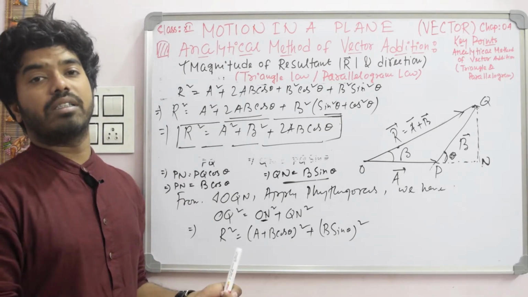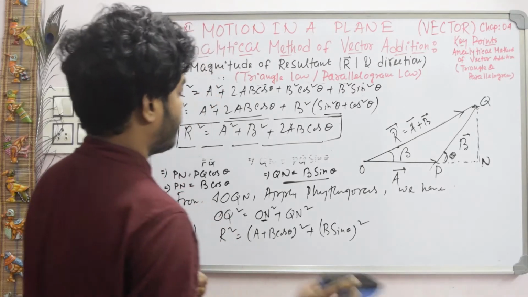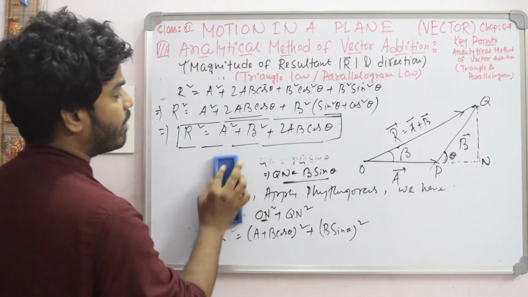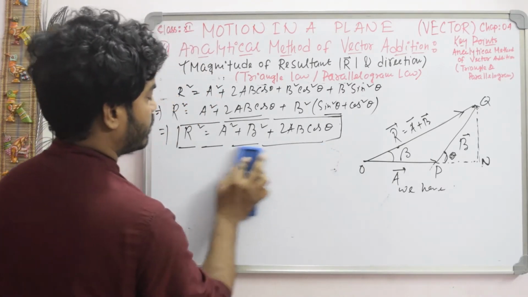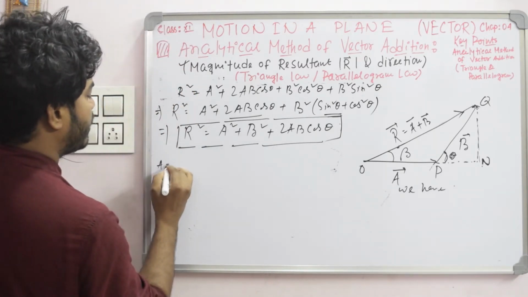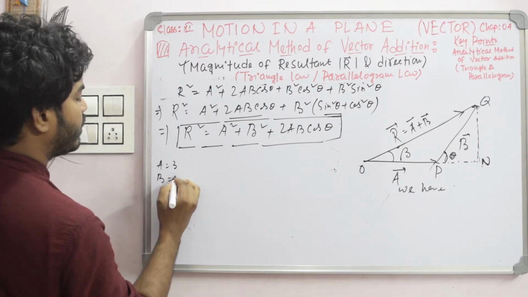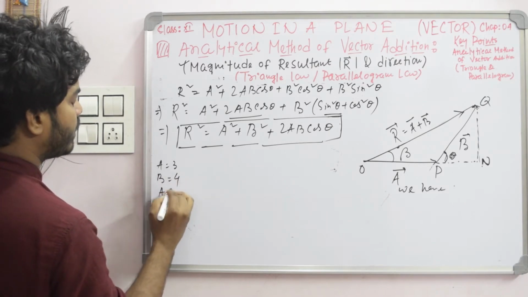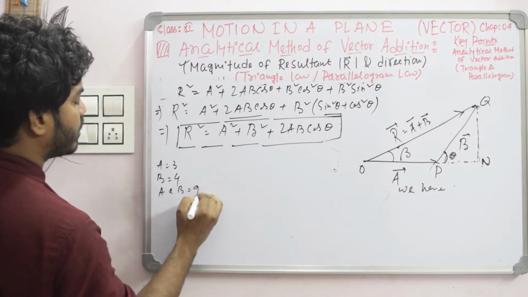What will be the resultant? Suppose you are given vector A, that is 3, and vector B, that is 4. Now you have to find the resultant. The angle between vector A and vector B is, suppose, 90 degrees.